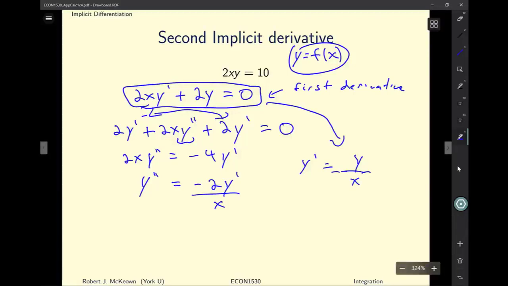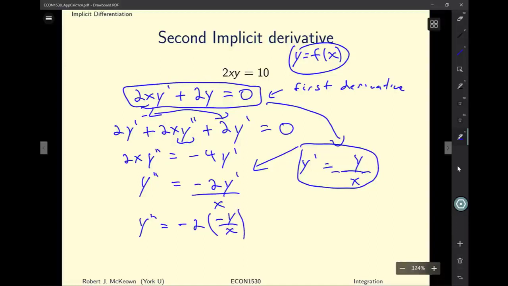And then I could use this expression and sub it in here so that I get rid of the first derivative, and the first derivative is not in my answer anymore. Now I've got negative y over x times 1 over x. I'll just rewrite it a little bit to be clear, to make sure I don't make a mistake, and this whole thing is going to be equal to 2y over x squared.